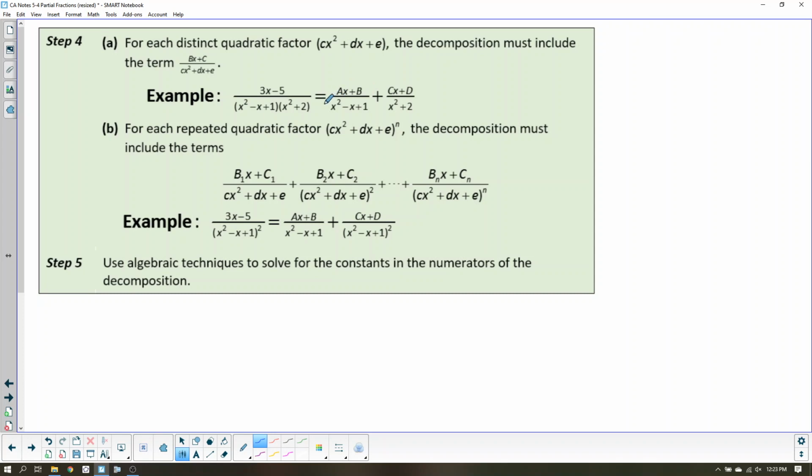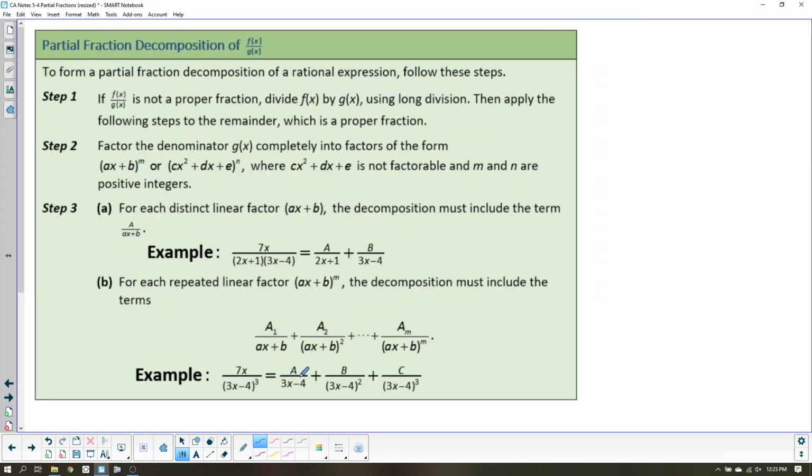If we go back to the previous ones, the one way to think about this is the degree of the bottom here is 1, and the degree of the top is going to be 1 less than that, so it's going to be 0. Now it kind of gets contradicted here because you'd say, well, the degree of the bottom is actually 2, but it's a repeated factor, so we don't think about it that way. So think of it just in terms of what's in the parentheses.